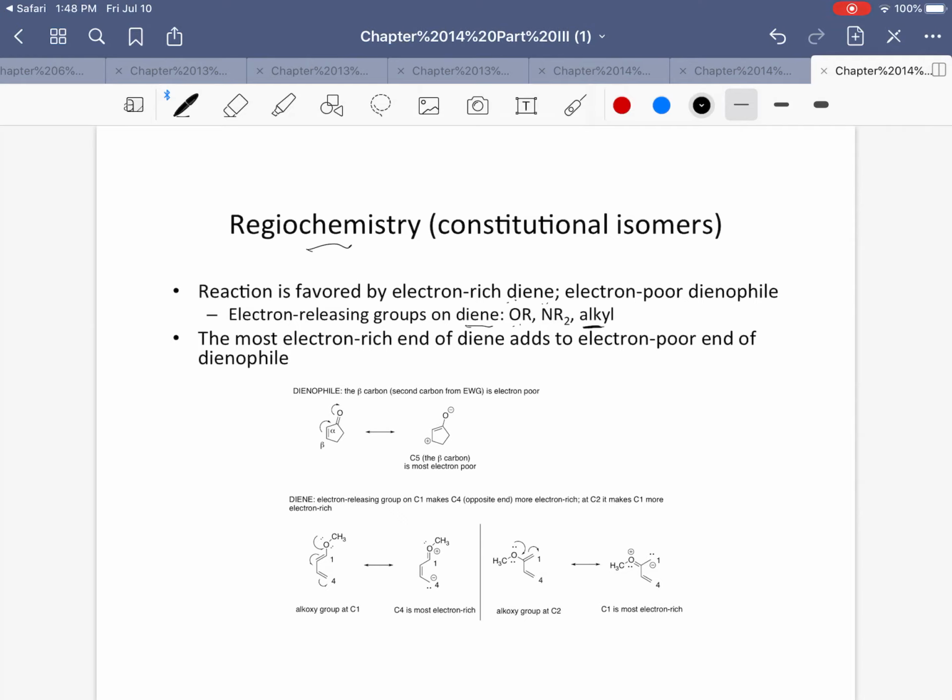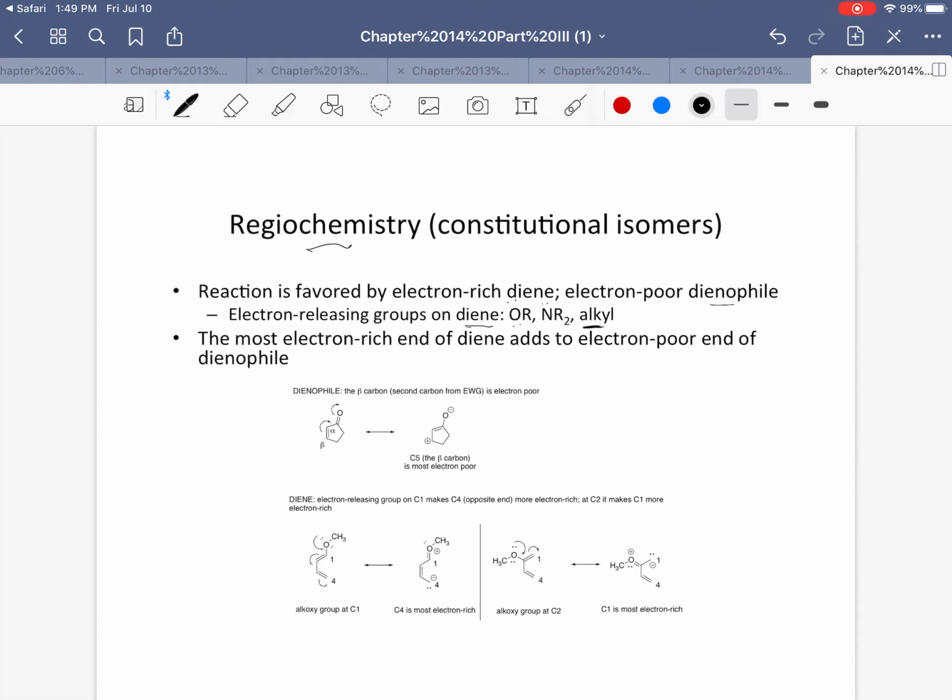So your electron-rich diene is going to react with your electron-poor dienophile. And you have to look at the resonance forms of each one to decide which end adds. So the dienophile is always going to have a resonance form that puts a plus charge at the beta carbon, beta to the electron withdrawing group, 2 carbons away.